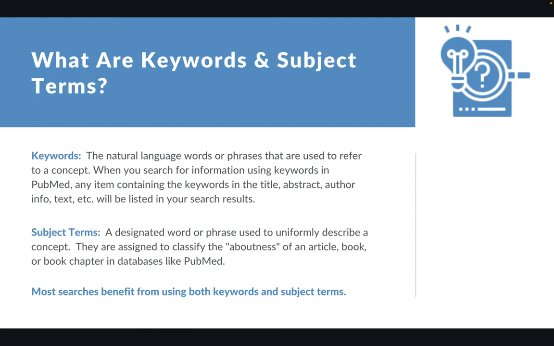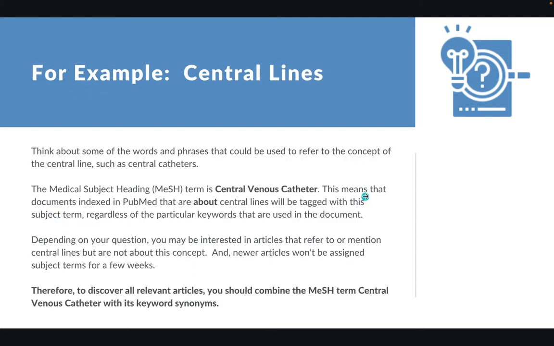So we can use central lines as an example. The actual MeSH term for this concept is central venous catheter. If we search for that MeSH term, we should find all of our articles that are about central lines. And that's really what the subject terms are trying to get at, the aboutness.